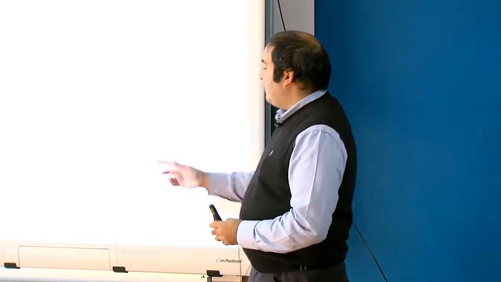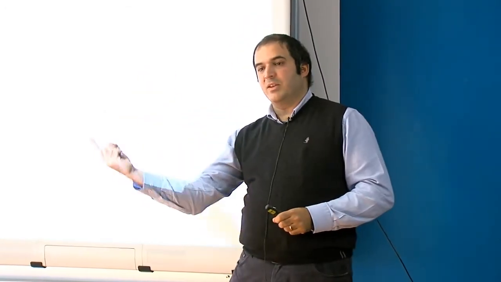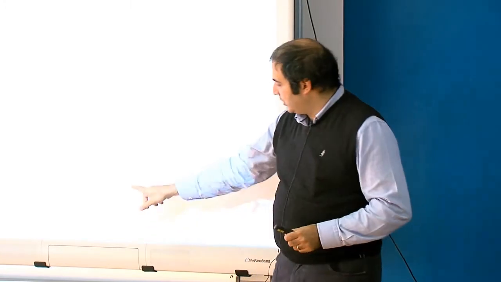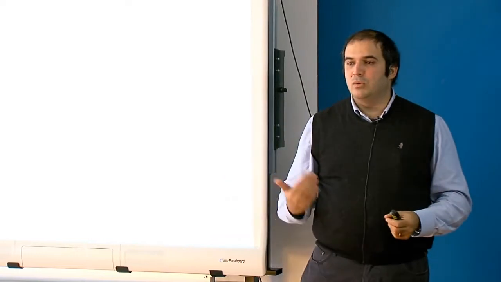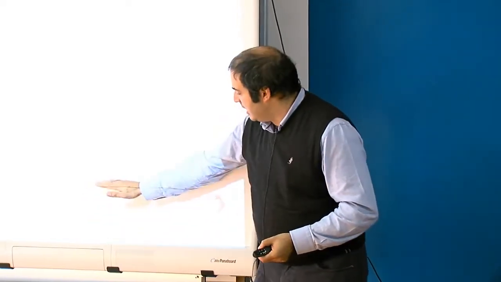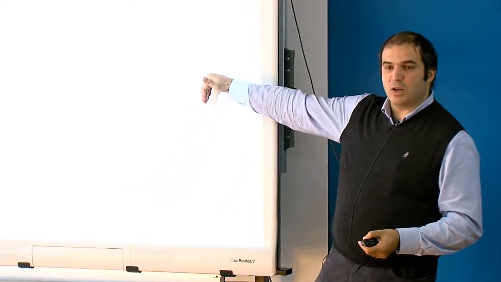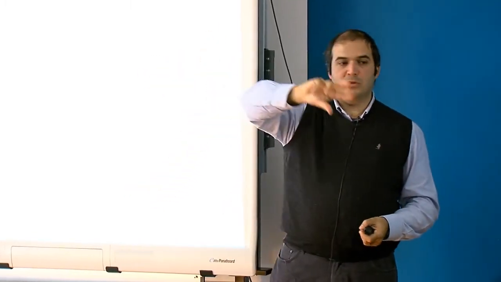Okay? And if I measure the phase relationship between the output and input, I will see this. For what is called small signal, so when the device is behaving linearly, you'll see that the phase is constant. But when you start to put the device working in a nonlinear fashion, the phase is going to start to change. So the phase of the output is going to start to change compared to the phase of the input.